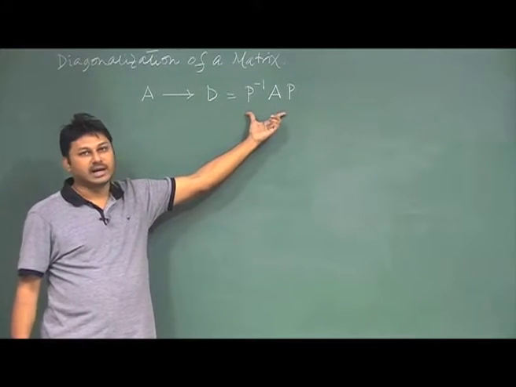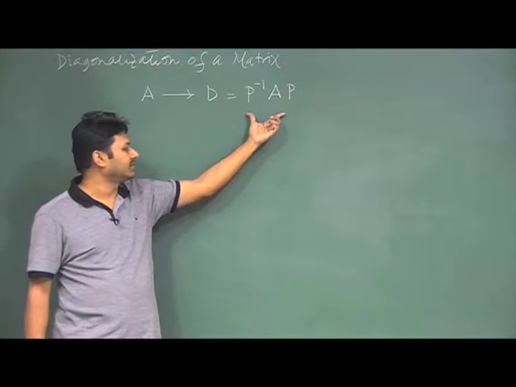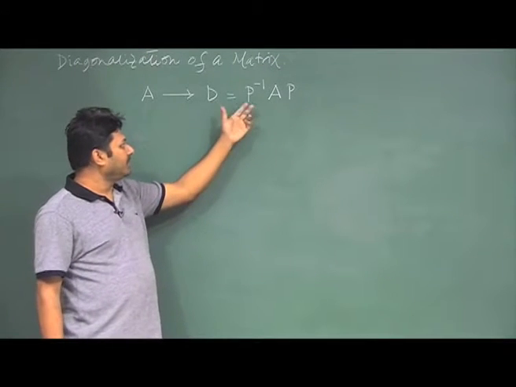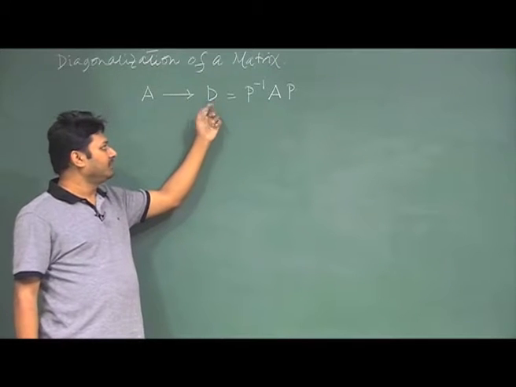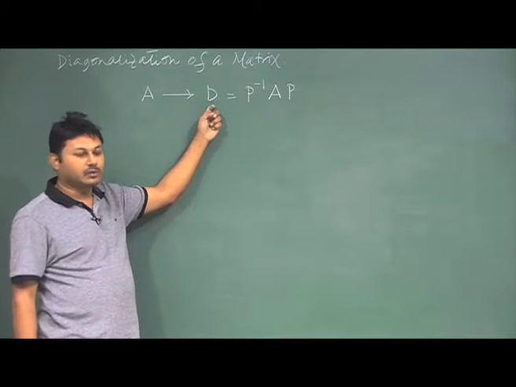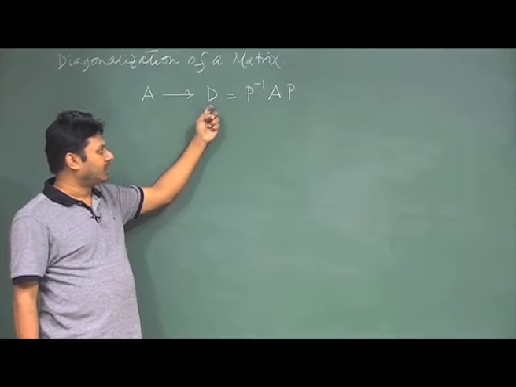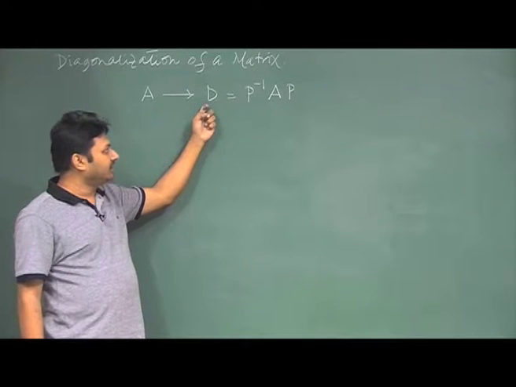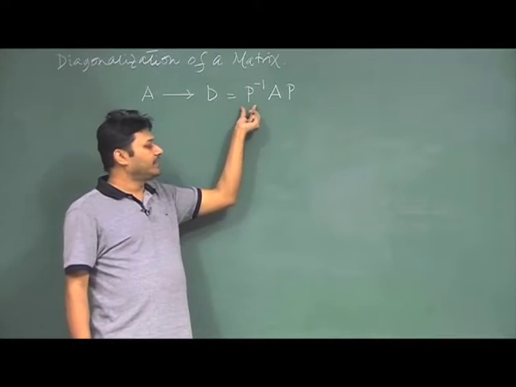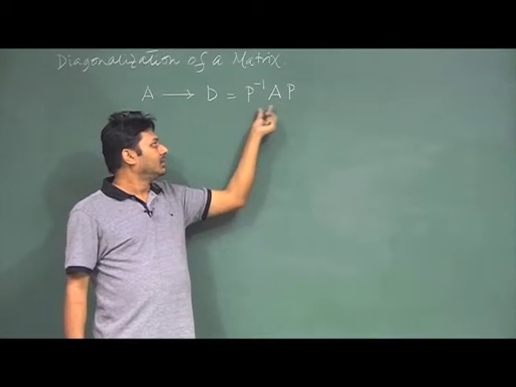This D matrix has the important property that it has to be diagonal. So, in order to diagonalize, I need to have a proper P.